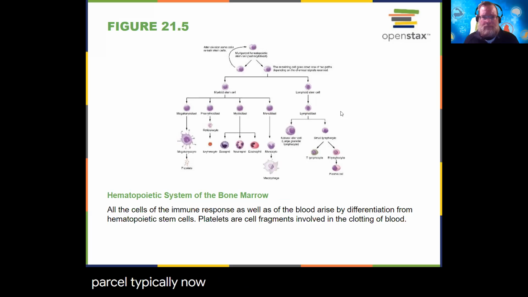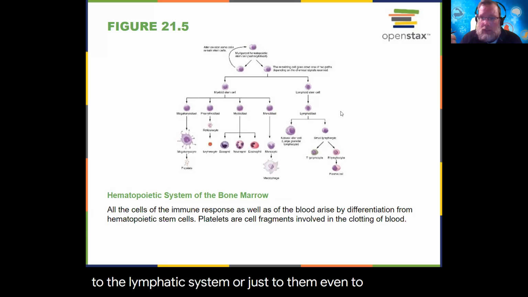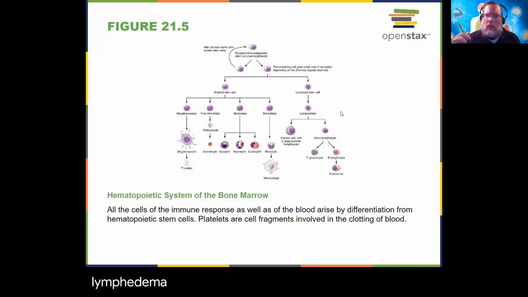Now, there are traumas too that can happen to the lymphatic system, even to joints or the musculoskeletal system, that can lead to something called lymphedema, where fluid builds up.